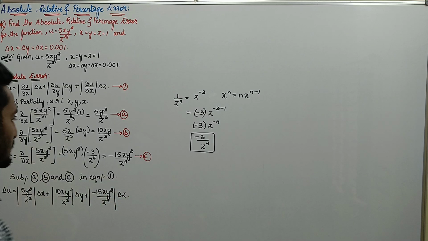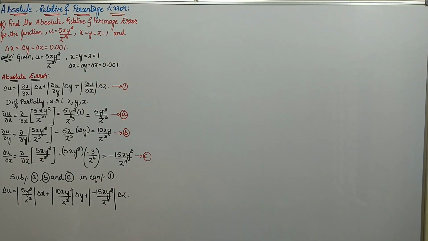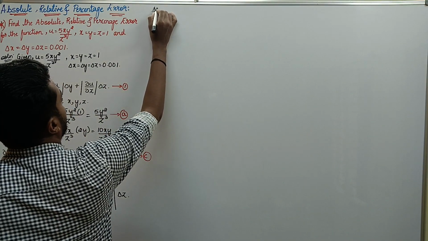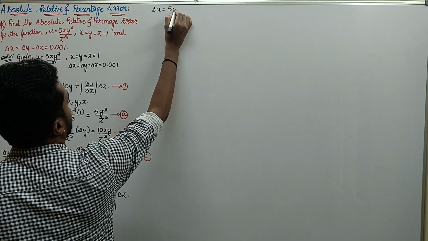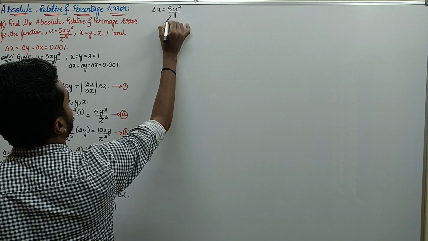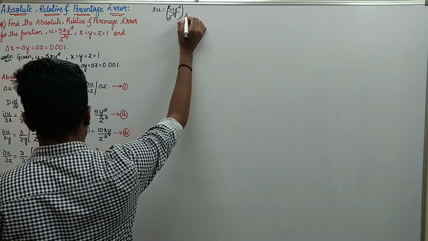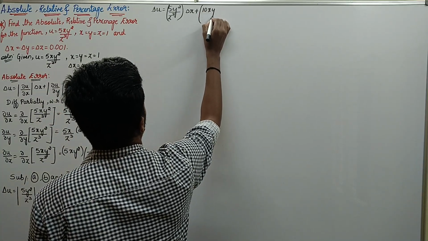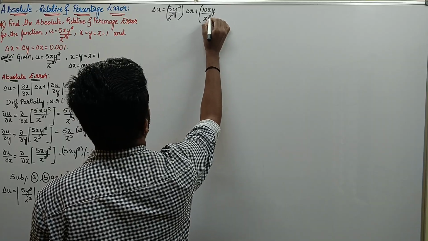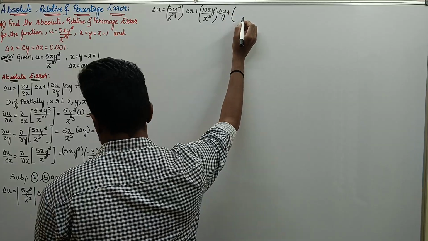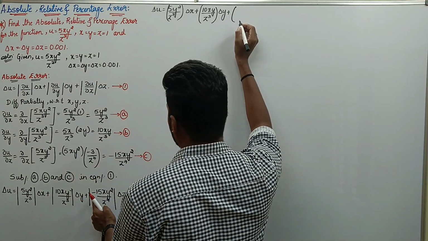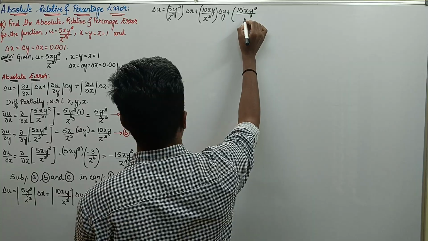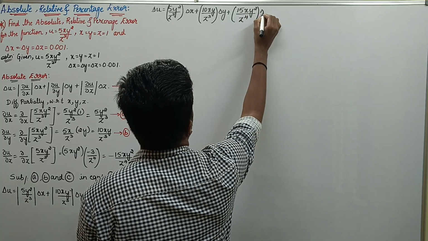Now, after representing this, let us represent the terms, that is del u, which is equal to 5y square divided by z cube into del x plus 10xy divided by z cube into del y plus, minus becomes plus since it is in modulus, 15 x y square divided by z to the power of 4 into del z.